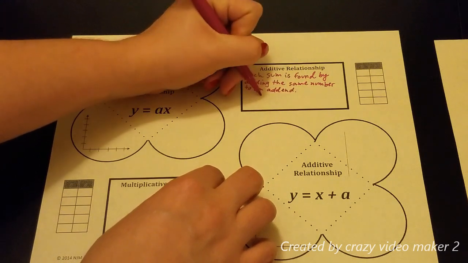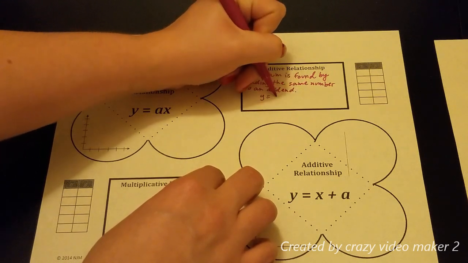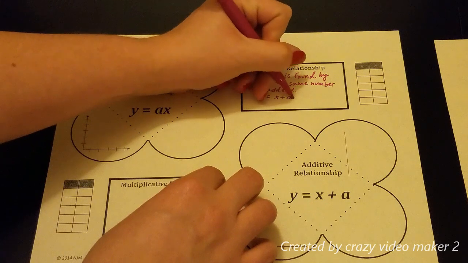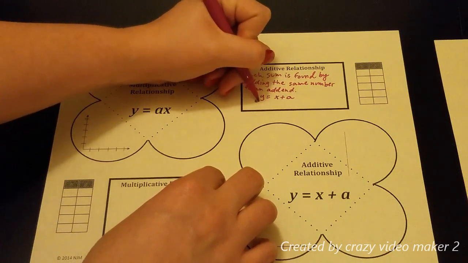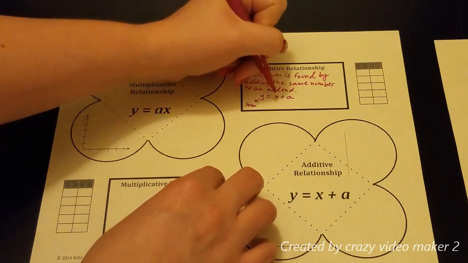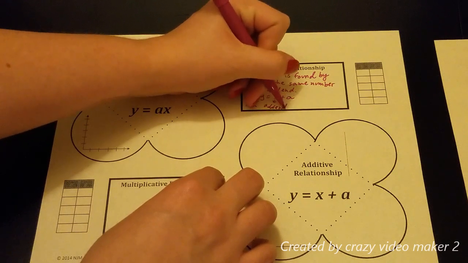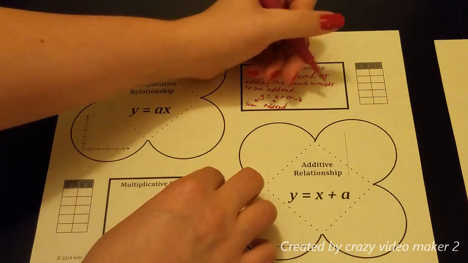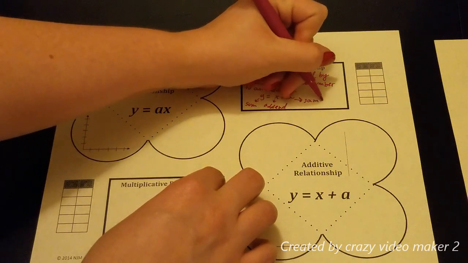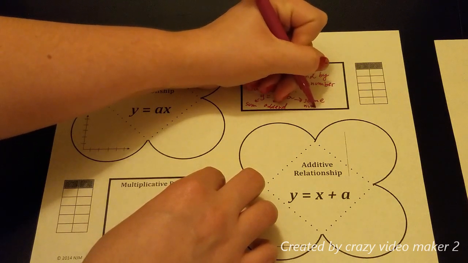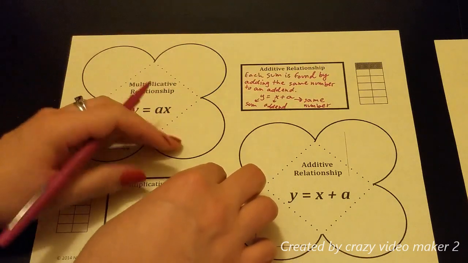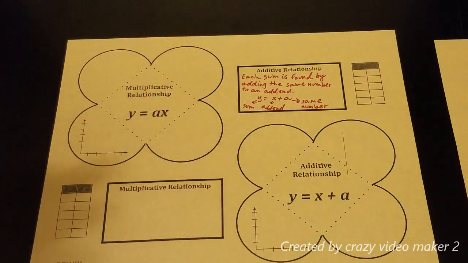Okay, so we have y equals x plus a, where y is your sum, x is your addend, and a is the same number. Okay, so you're just taking a number and you're adding the same thing every time.